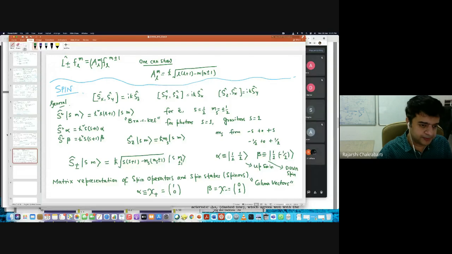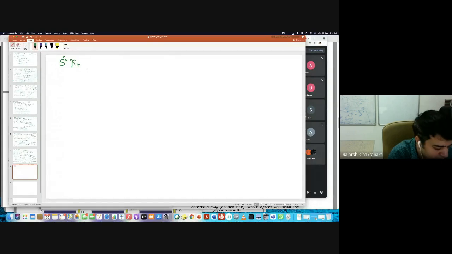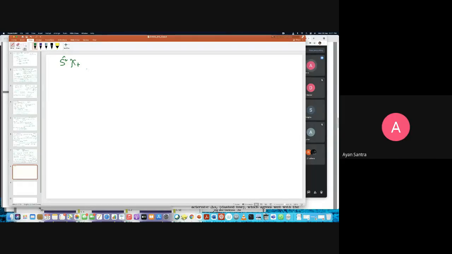Is this clear? So now if I operate S square on this chi plus, what am I going to get? I've already told you this. Somebody should tell. H cut square into half into half plus 1 into chi plus.